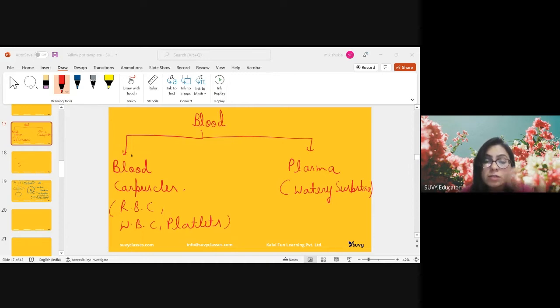Just like in your school there is a peon, and what does the peon do? He takes files or materials from the principal and gives them to you, and takes materials from you and gives them to teachers and the principal. So they are carriers of some substances. In the same way, hemoglobin is a carrier of oxygen. It is called an oxygen carrier. Oxygen from the lungs goes to different parts of the body.